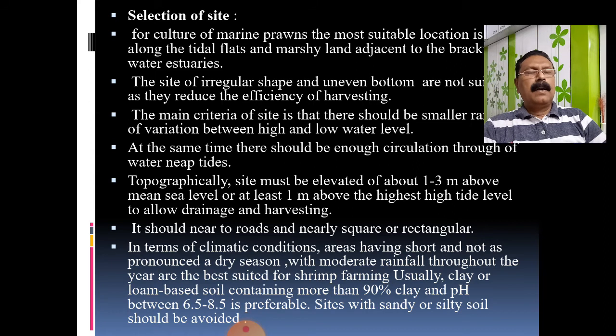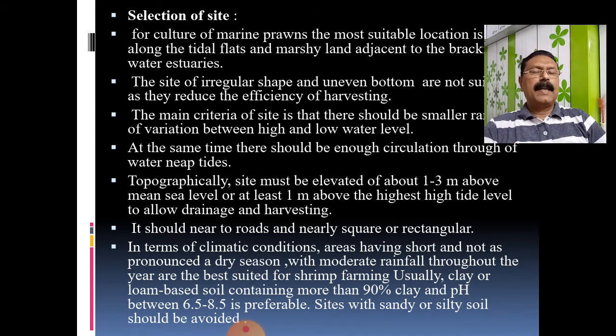When we see which type of soil must be there, see here I am frequently giving the reference of fish pond culture. How we select the site of the fish pond, how we test the soil, how we test the water for fish culture. In the same way here also we repeat the same conditions. The location of the site is the same, as are the climatic conditions, and the soil type also plays an important role in fish farming and in prawn farming.